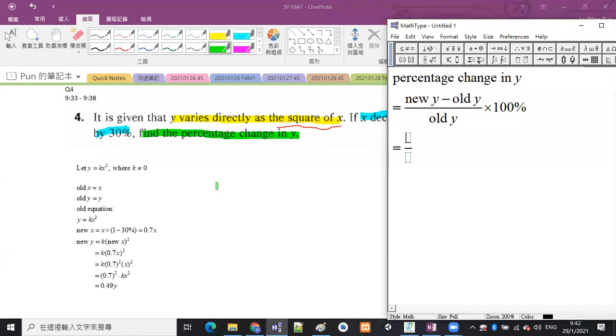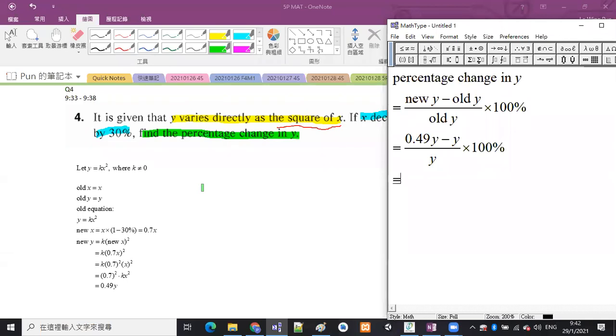The new y is already calculated to be 0.49y, and the old y is y. So the upper part is the subtraction of two like terms, 0.49y minus 1y.